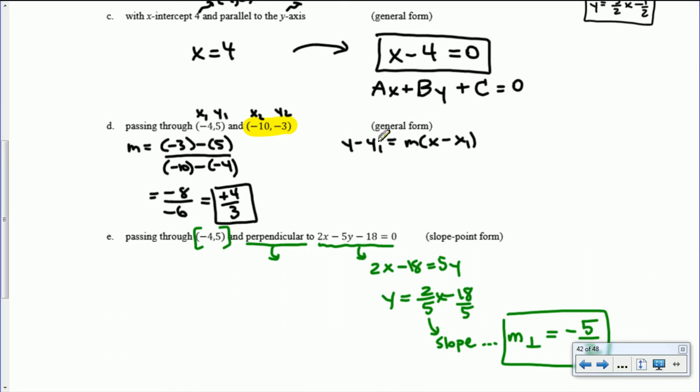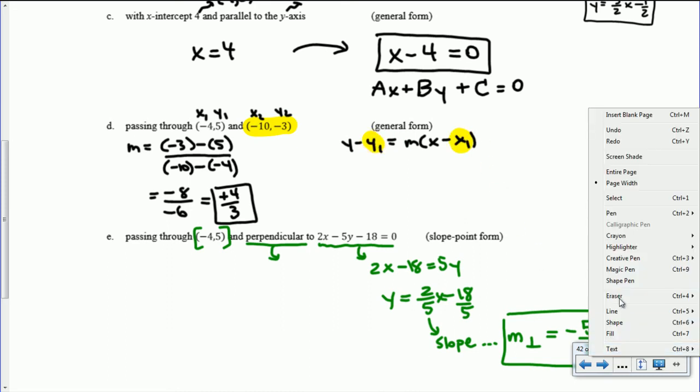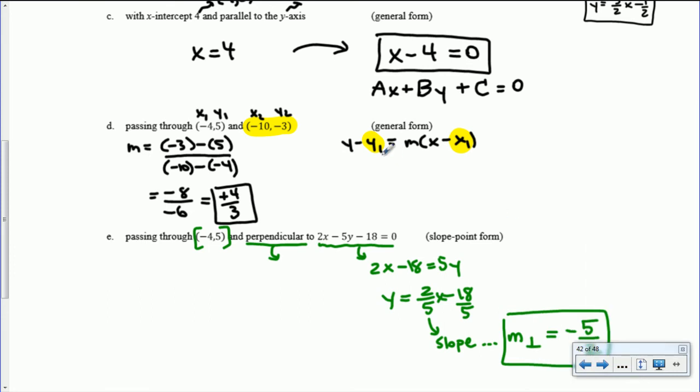So I'm going to stick with that choice. Again, it's arbitrary which one of these you use as long as you stick to that choice. So that'll be y plus 3 equals, we have the slope now, that's 4/3, times (x minus -10), so x plus 10.